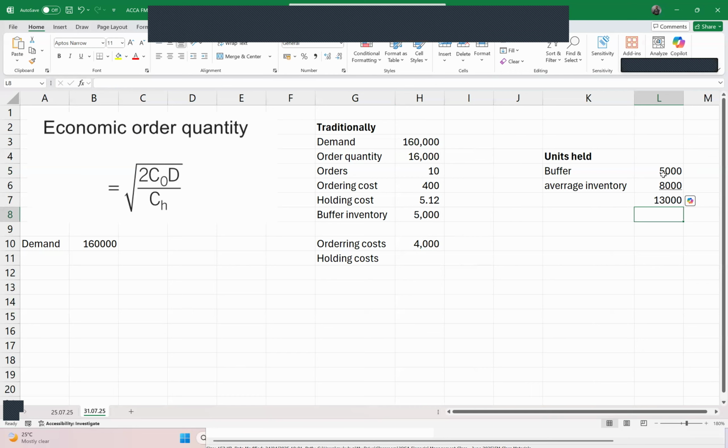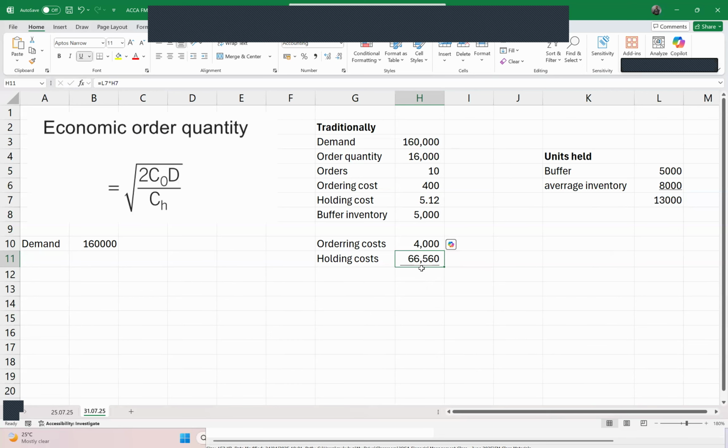That is the 5,000 units plus the average inventory. So the holding cost is going to be 13,000 units multiplied by the holding cost per unit per year. It gives us 66,560. Then you can now get the total cost, 70,560.